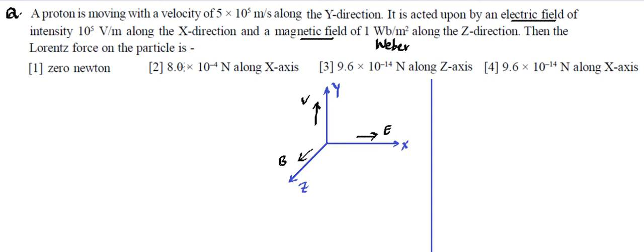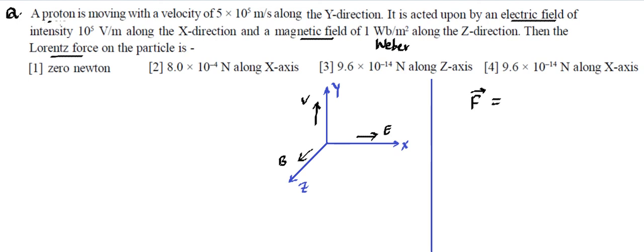So we need to find Lorentz force. So what is a Lorentz force? I will give you a formula. You can solve that, you can get your answer. Lorentz force acts when there is an electric field and magnetic field.